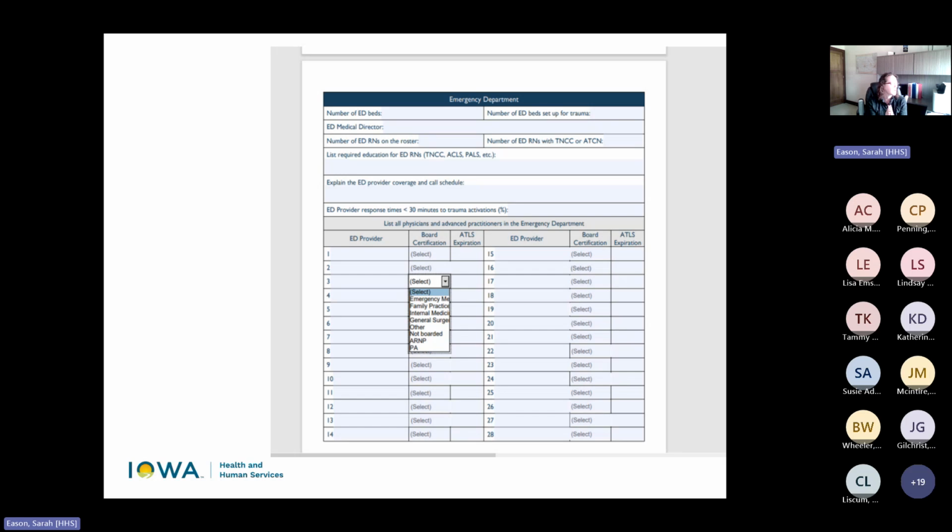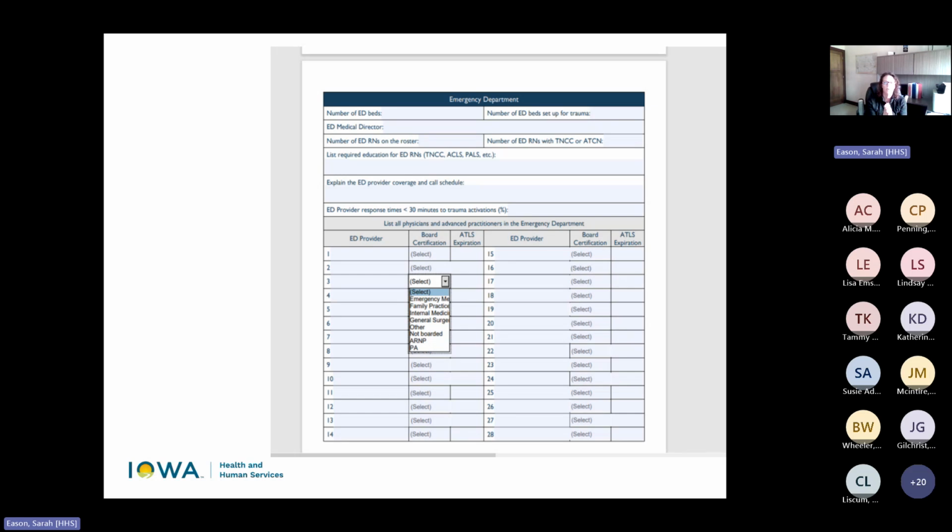They have to have had ATLS at least once. And how do you prove that? If they took it in 1988 and your ED physician is still there and they have no idea where their ATLS card is, just make them sign an attestation that says, yep, I had ATLS, and I will accept that as documentation of their ATLS concurrency. Same with surgeons.